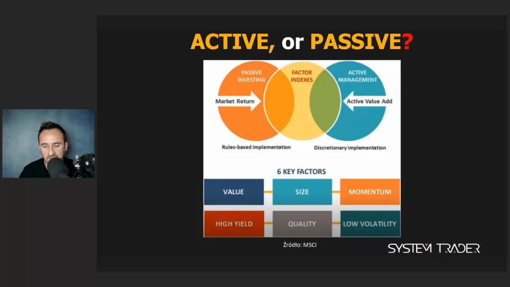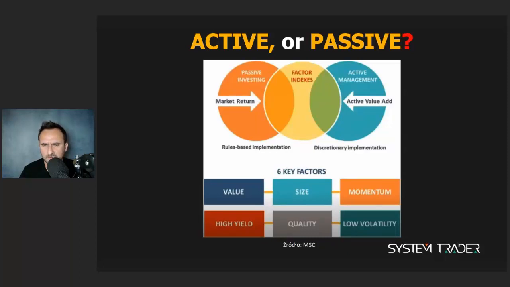On the other hand, it's passive, because if we have such an index and we buy the ETF, then from the investor's point of view, this investment is passive, because we can just buy and hold such a factor index. Behind the scenes, though, it's not very passive. In fact, it's a rule-based approach to investing, which seems to be passive from the investor's point of view.